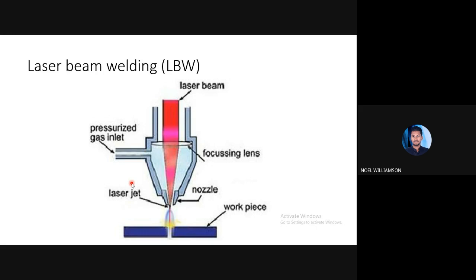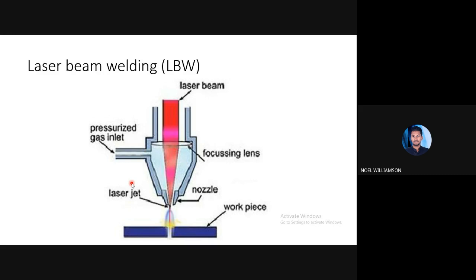There it is focused so that the temperature is increased or concentrated, and using the temperature it is welded together. Two pieces are melted together, and thereby welding is possible.